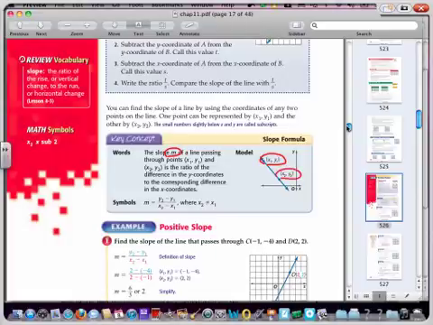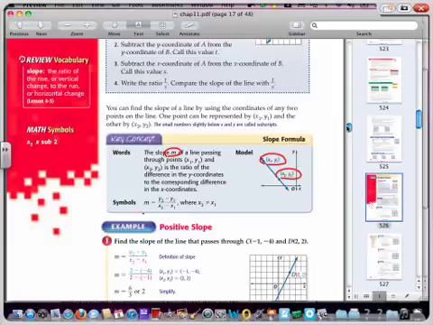So we're going to have two XY coordinates, and we're comparing the steepness of this line. If you think about a hill, we're comparing how steep the hill is, whether it goes up to the left or whether it goes up and to the right, and all of those are different.